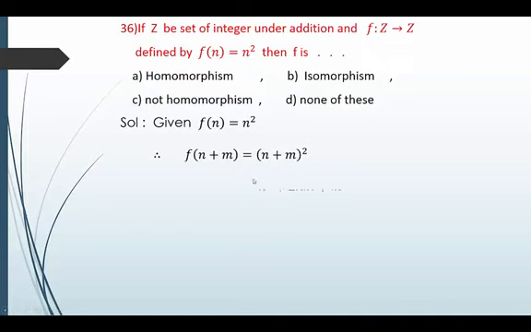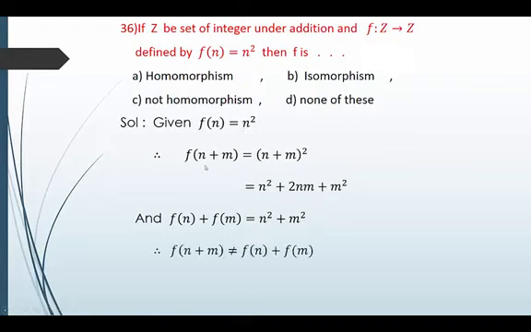Now the expansion of this is n square plus 2nm plus m square. Now find the value of f of n plus f of m. f of n is n square and f of m is m square. Now both are not equal, which means f of n plus m is not equal to f of n plus f of m. So function f is not a homomorphism. So the answer is C option, not homomorphism.